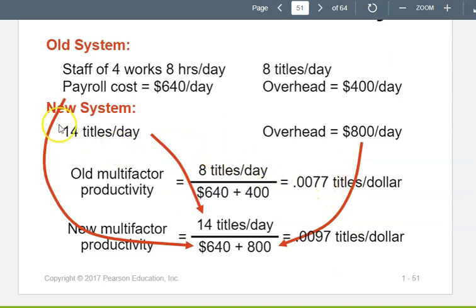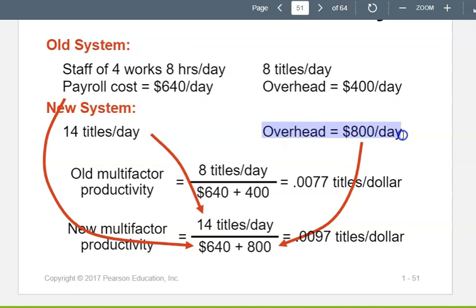And again, let's do the calculations for the new system. Let's say in the new system, of course, we have 14 titles per day, but increasing the number of titles per day can actually increase our overhead from $400 to $800. That could be buying software that makes the process of titles easier and faster, right?